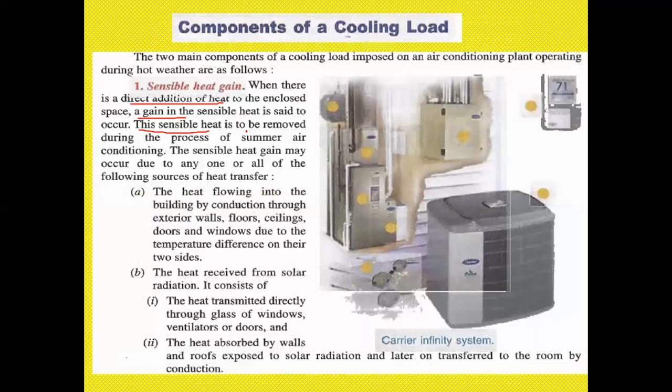This sensible heat is to be removed during the process of summer air conditioning. The sensible heat gain may occur due to any one or all of the following sources.